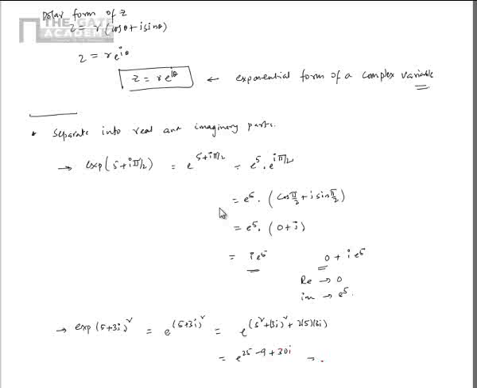So I can write e power 16 plus 30i, and going in the same form I can write e power 16 times e power 30i. Now expanding it using the exponential form, you can write e power 16 into cos 30 plus i sin 30.